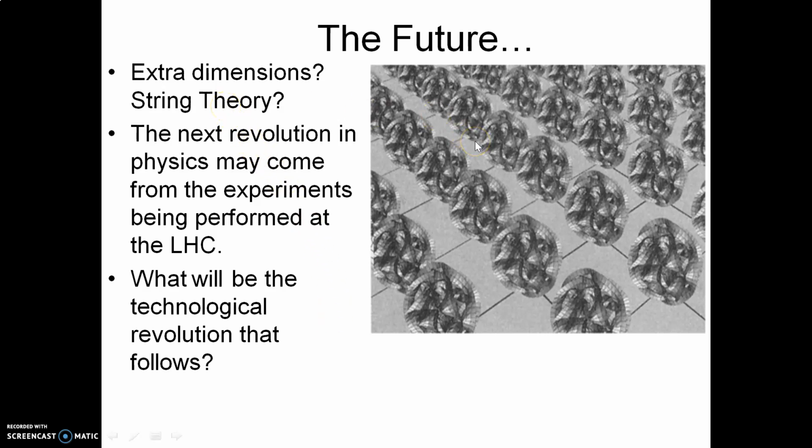This slide here is depicting some of the mathematical details of string theory. But as of now, there is actually no experimental evidence that string theory is in fact correct. String theory also has some competitors. This is part of the purpose of the LHC. Part of the purpose of the LHC is to discover new physics beyond the Standard Model, perhaps point the way to a final theory of nature.